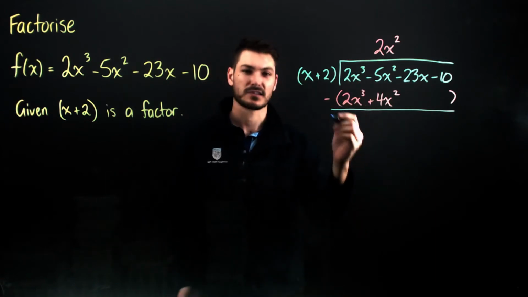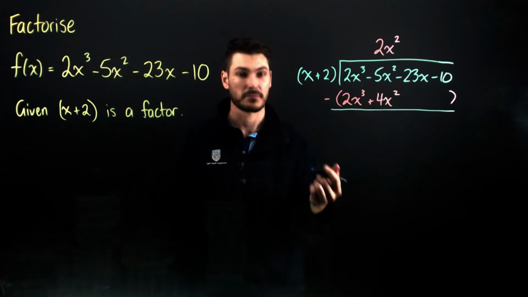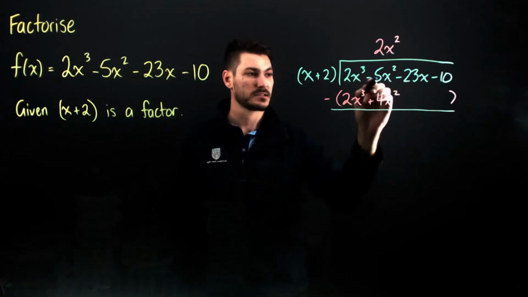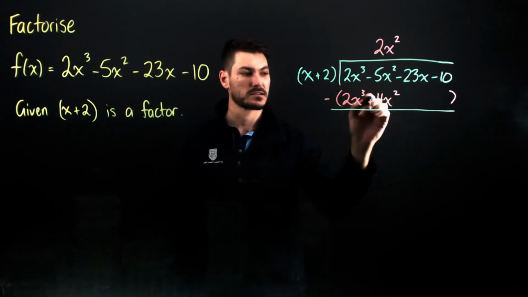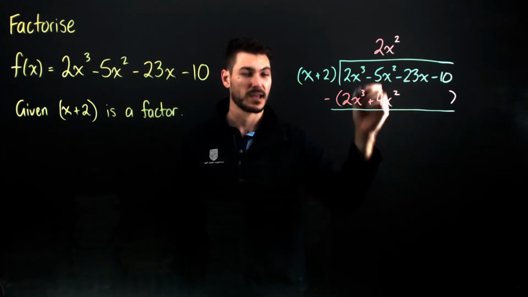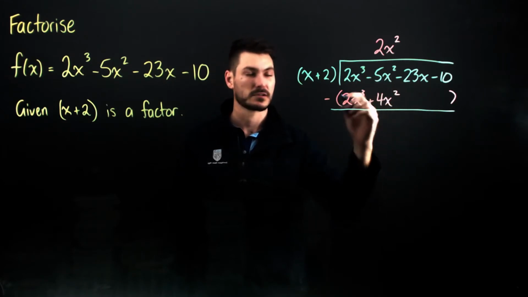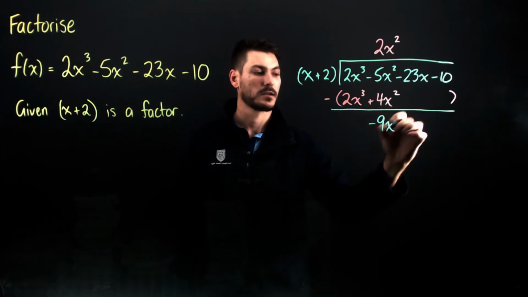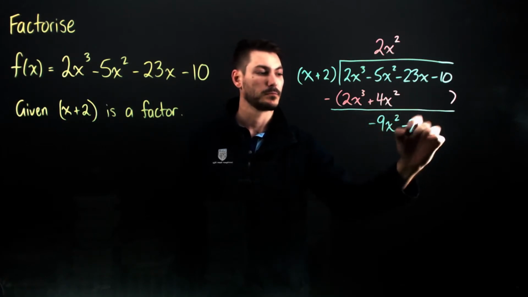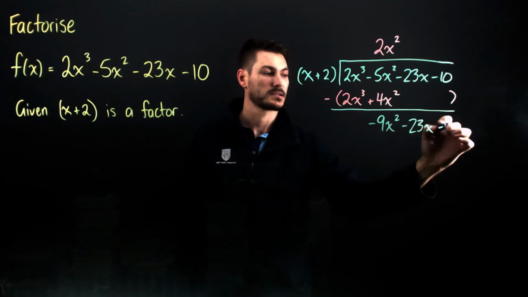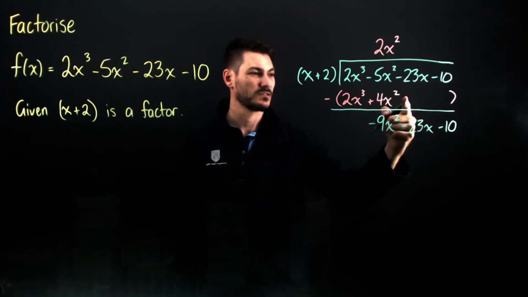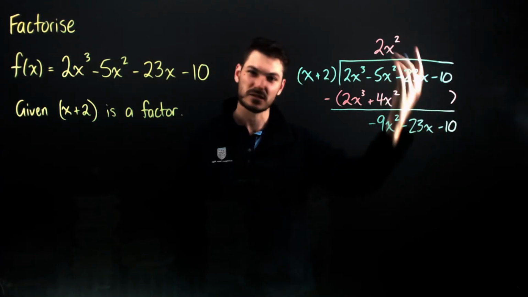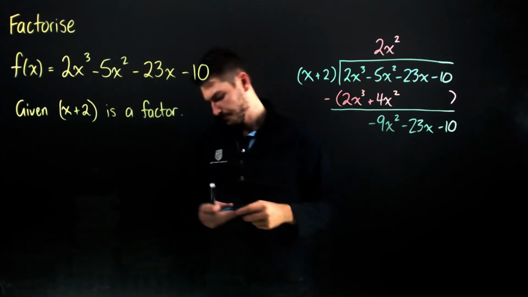So those x cubed terms cancel out basically. And I have minus 5x squared minus 4x squared. So I'm taking away 4 from minus 5 to get to minus 9x squared and minus 23x minus 10. These terms, we're not subtracting anything from them, so they just come down with the rest.